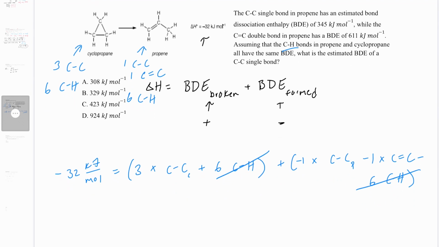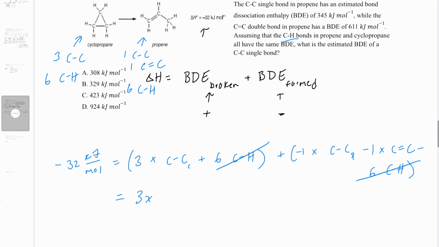So what we're left with is that -32 kilojoules per mole is equal to 3 times your carbon-carbon bond dissociation enthalpy in cyclopropene, which is, by the way, what we're trying to find. So that's CCI, and you have plus and then all this minus expression.